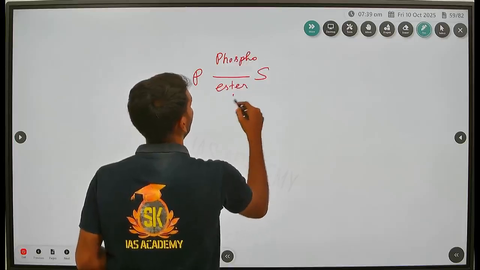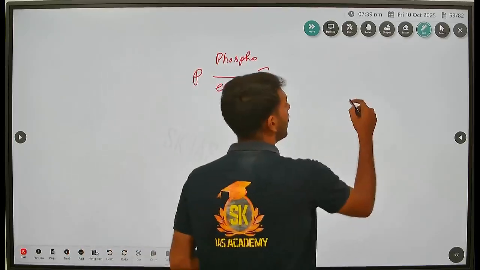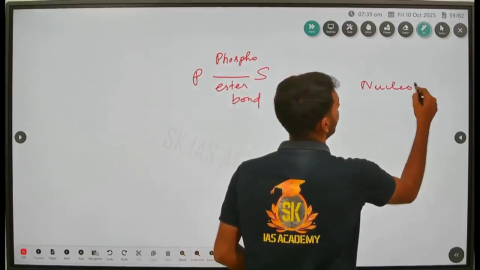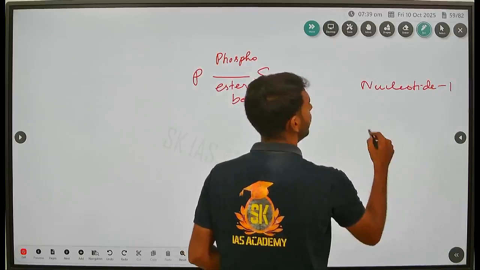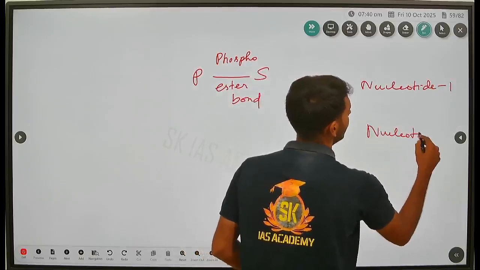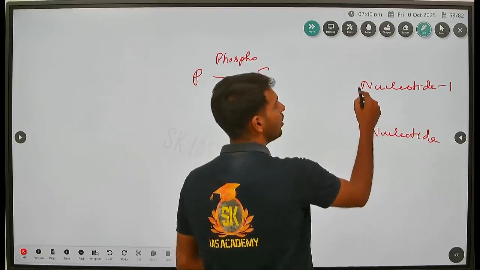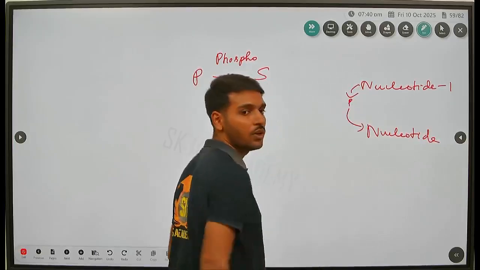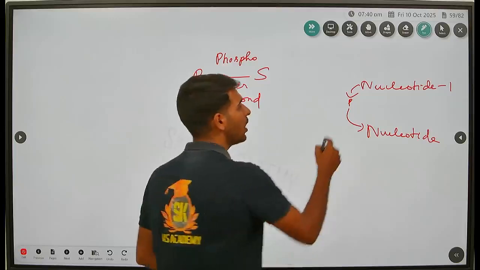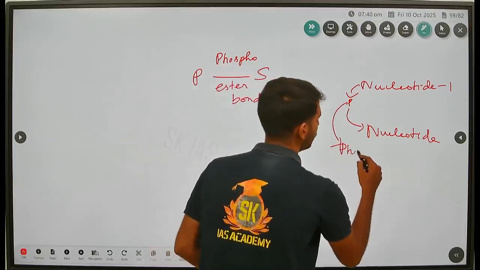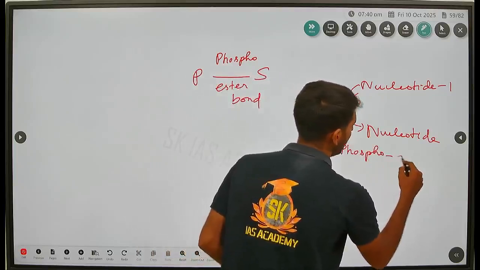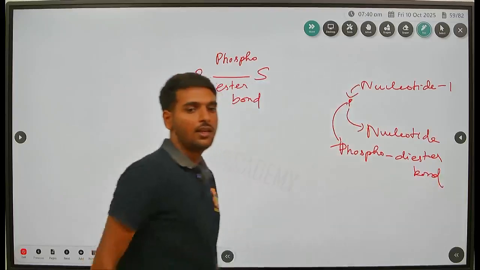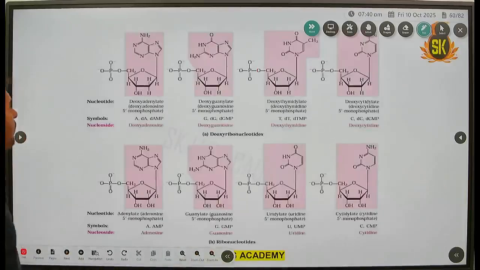Suppose this is nucleotide 1, nucleotide 2; the phosphate group will get connected to the next nucleotide. This is known as a phosphodiester bond. Got it? You have to remember all these.